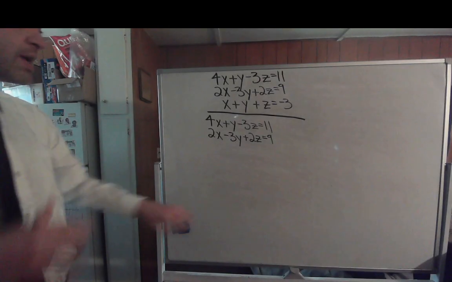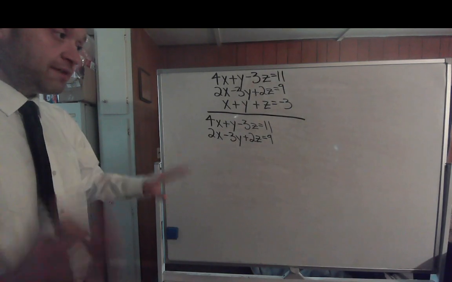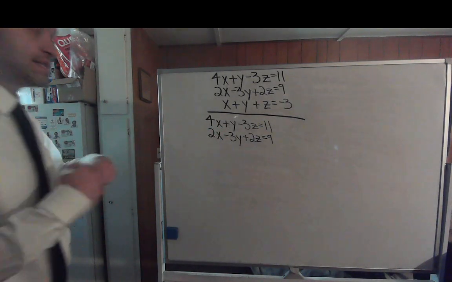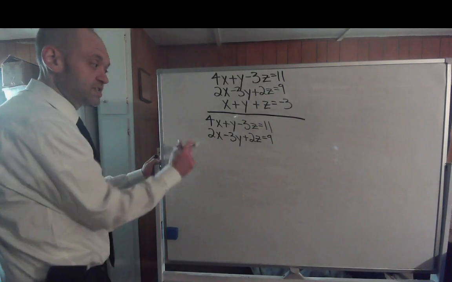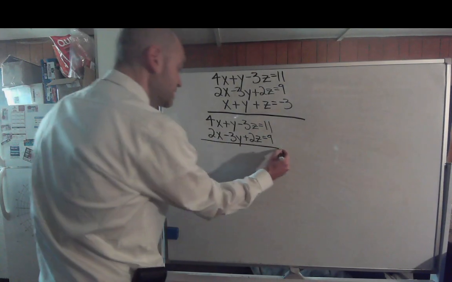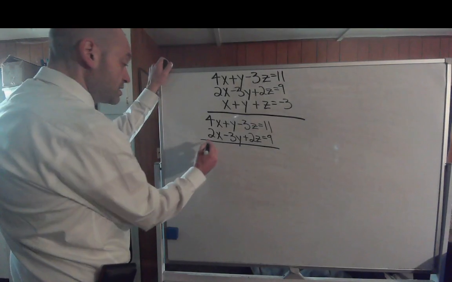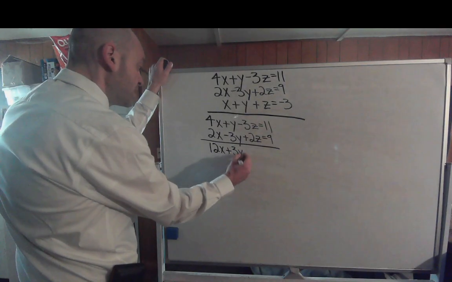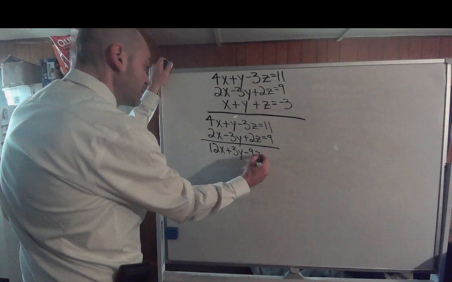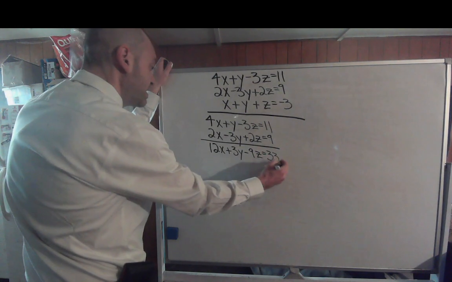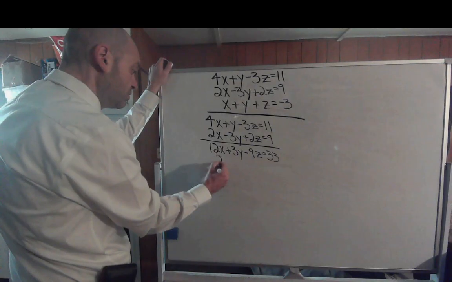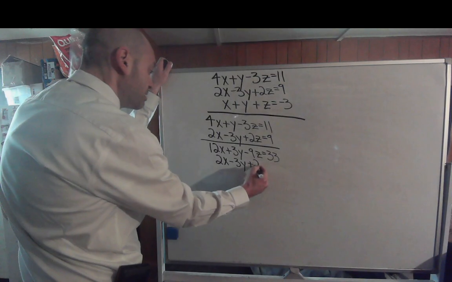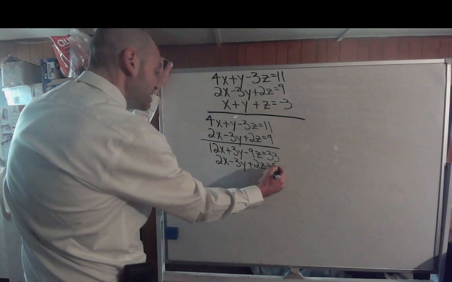Well, if I go for eliminating y, I need to multiply that top equation by 3, and then I can just add the two equations. So let's go ahead and do that. So this would give me 12x plus 3y minus 9z equals 33, and then I can just leave the second equation alone. That would give me 2x minus 3y plus 2z equals 9.